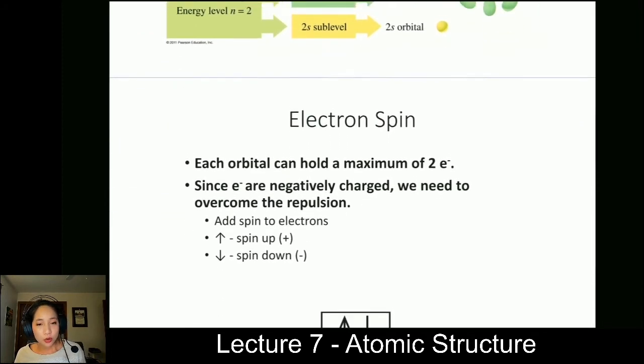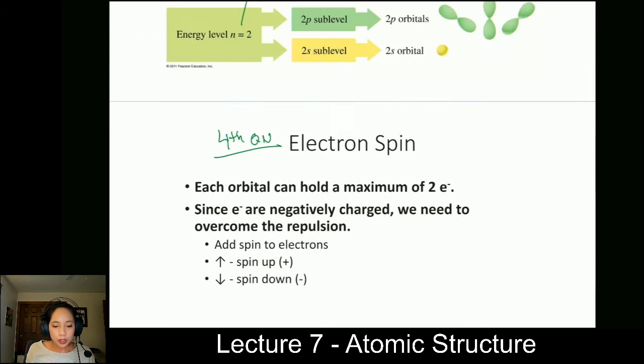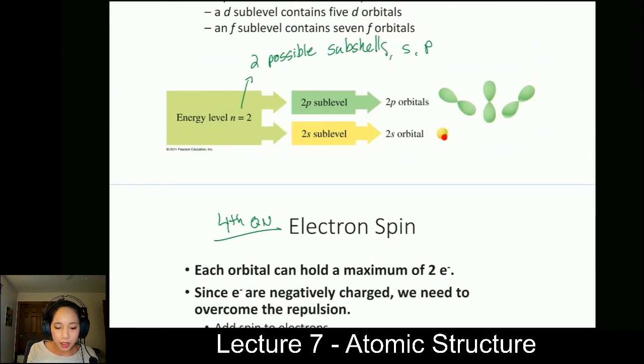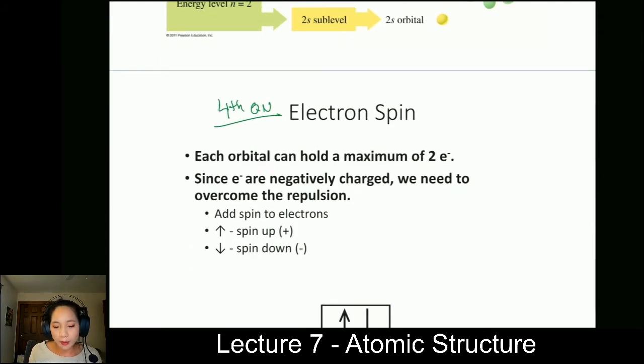Okay, so those are 3 of the quantum numbers. We did shell, subshell, and orbital. So the last quantum number, our 4th quantum number, is spin. Each orbital that we talked about up here, our singular 2s orbital and our 3 different 2p orbitals, or if we had access to our 3d orbitals, there would be 5 of them. Each orbital can hold a maximum of 2 electrons.